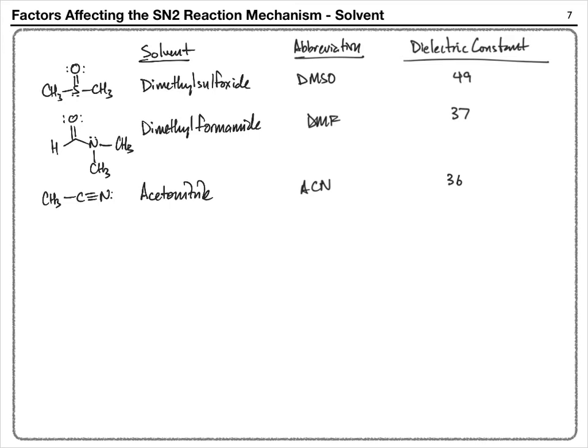Another one that's sort of common, hexamethylphosphoric triamide, HMPT, dielectric constant of 30. Now this one's pretty exotic, but it's basically a phosphoric acid derivative.